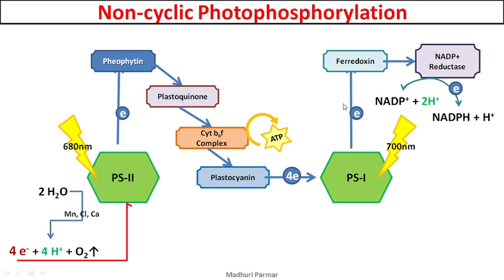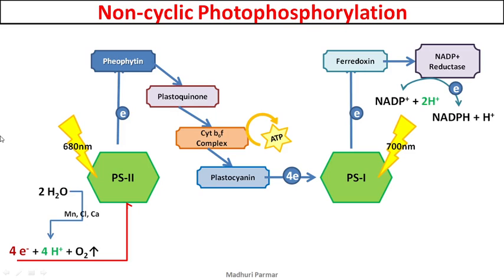As soon as it accepts that electron and two protons, it turns into NADPH, reduced form of nicotinamide adenine dinucleotide. So in this whole process of non-cyclic photophosphorylation, you are making ATP during electron transfer as well as making NADPH as the end reaction.